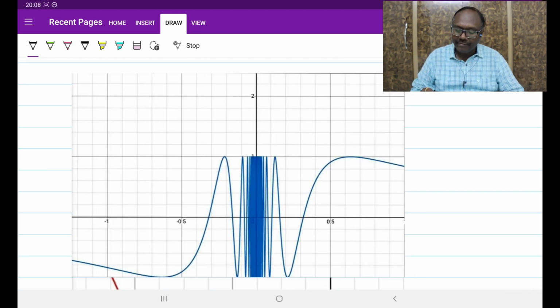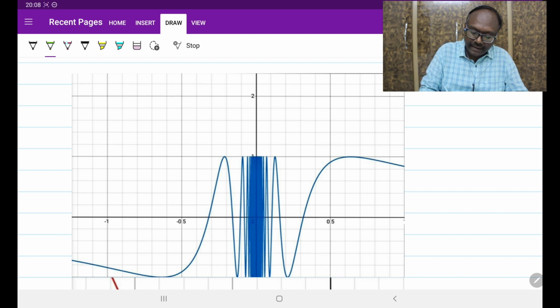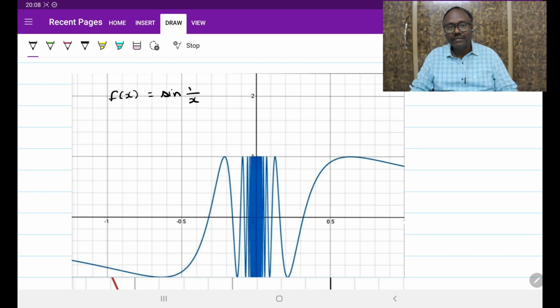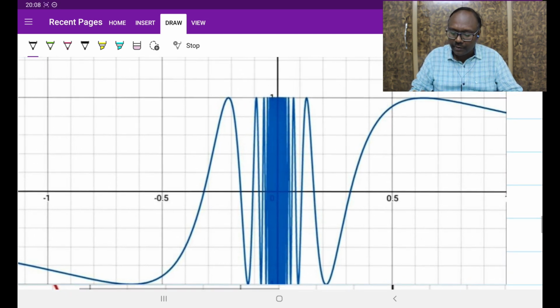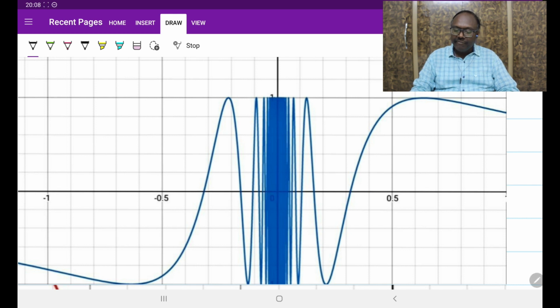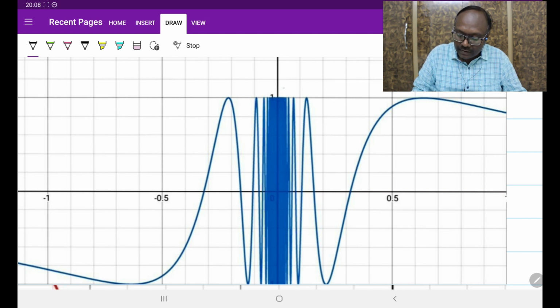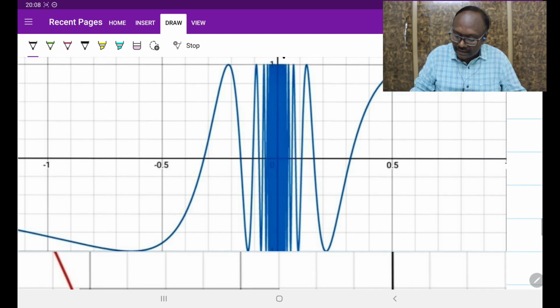Now observe the graph of sine 1 by x. So let us take the graph of f of x equal to sine of 1 by x. If we observe this graph, we could see that as the value of x is approaching 0, the value of y is fluctuating and it is oscillating between minus 1 to 1. So this is 1, and here you could see that it is between minus 1 and 1.